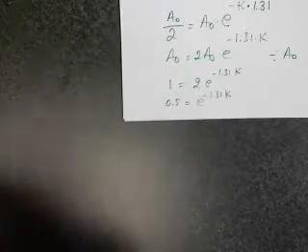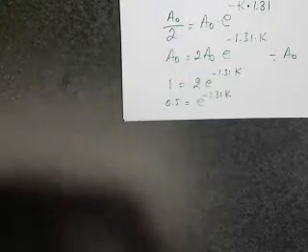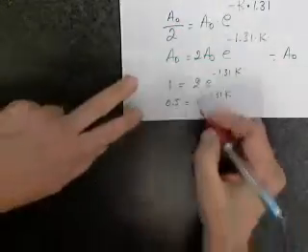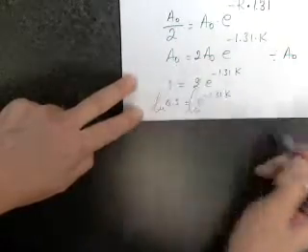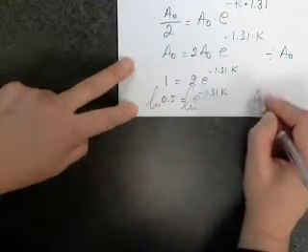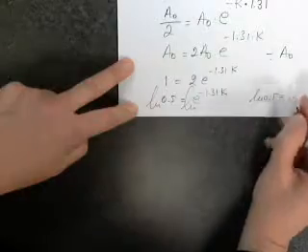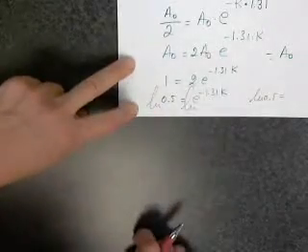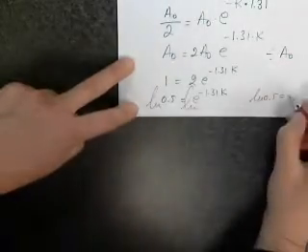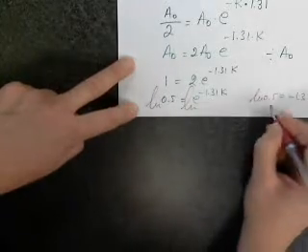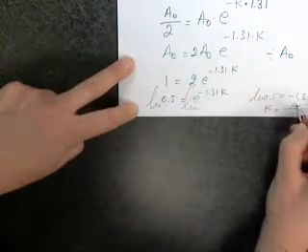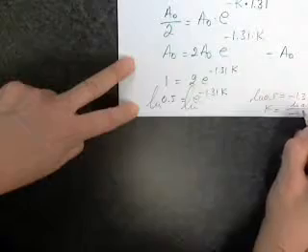Now I'm ready for that mechanism that only natural log has and other logs. So I'm applying natural log to both sides. So natural log 0.5 equals what on the right-hand side? Negative 1.31 k. And finally, k is natural log 0.5 over negative 1.31.